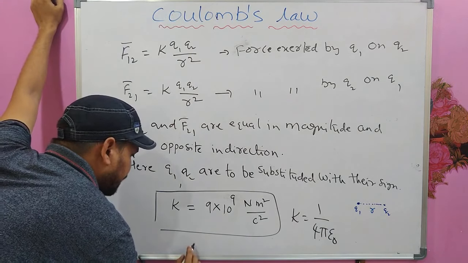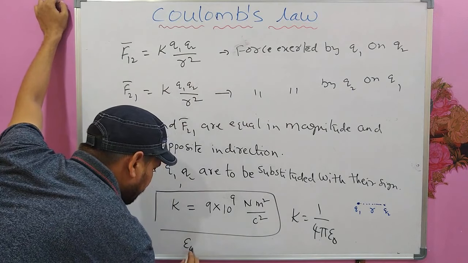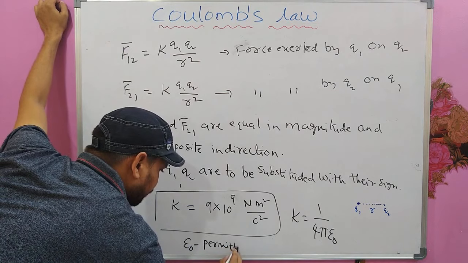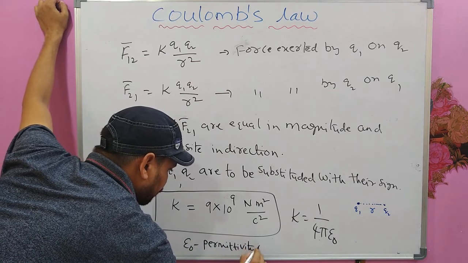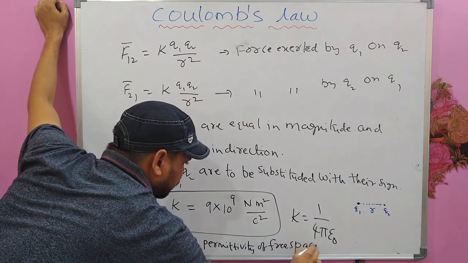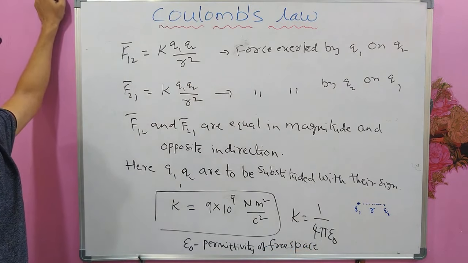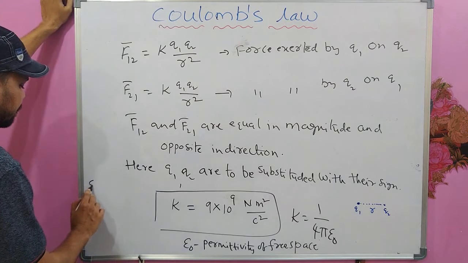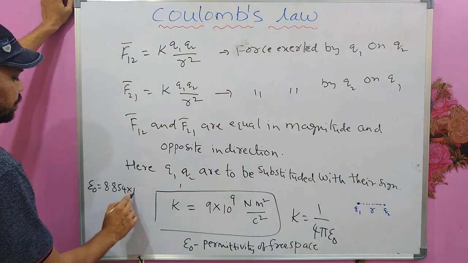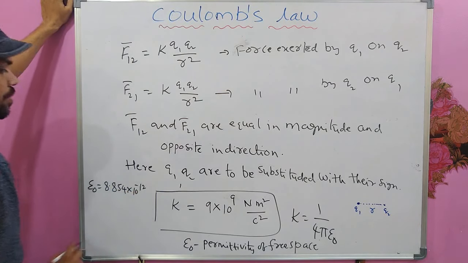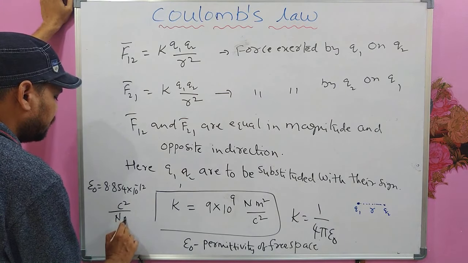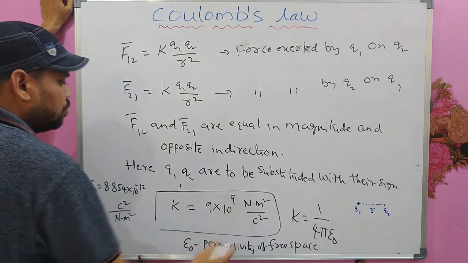What is epsilon naught? Epsilon naught is the permittivity of free space. What is its value? Epsilon naught value is 8.854 into 10 to the power of minus 12 Coulomb square by Newton meter square.